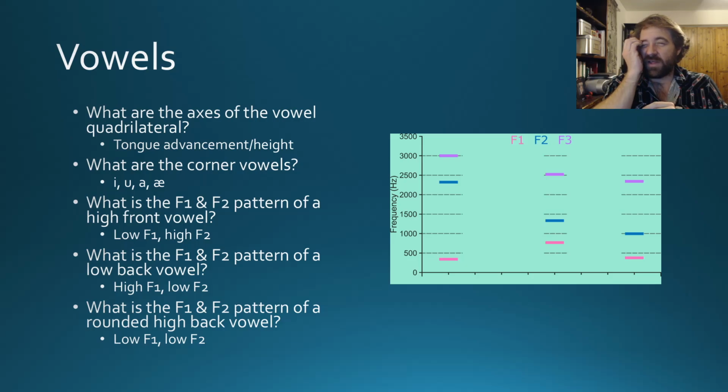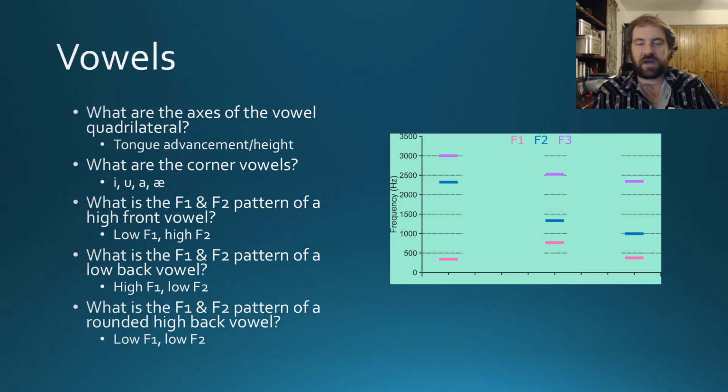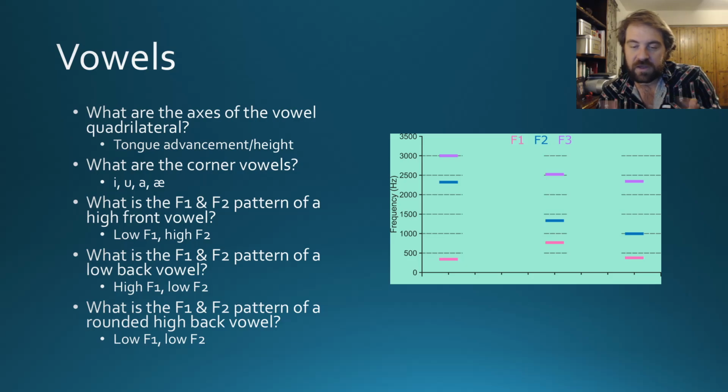So notice formant 3, it's moving around a little bit. It's higher for the high front, it's lower for the rounded, but really the amount that it moves is not super drastic. So you don't need to worry about F3 when you're looking at vowels. But you do need to look at F1 and F2. So for oo, low and low. The F1 is almost as low as E for oo. E and oo have a pretty equivalent F1.